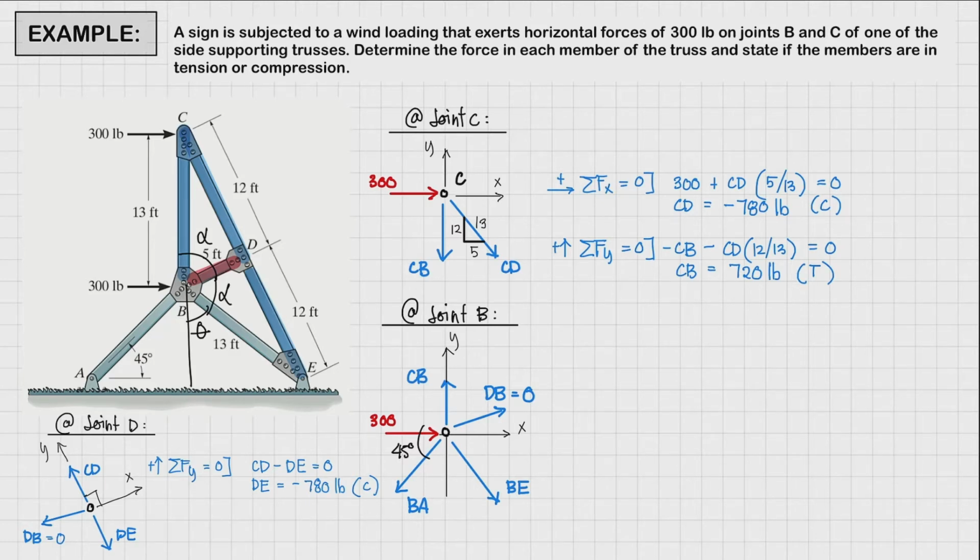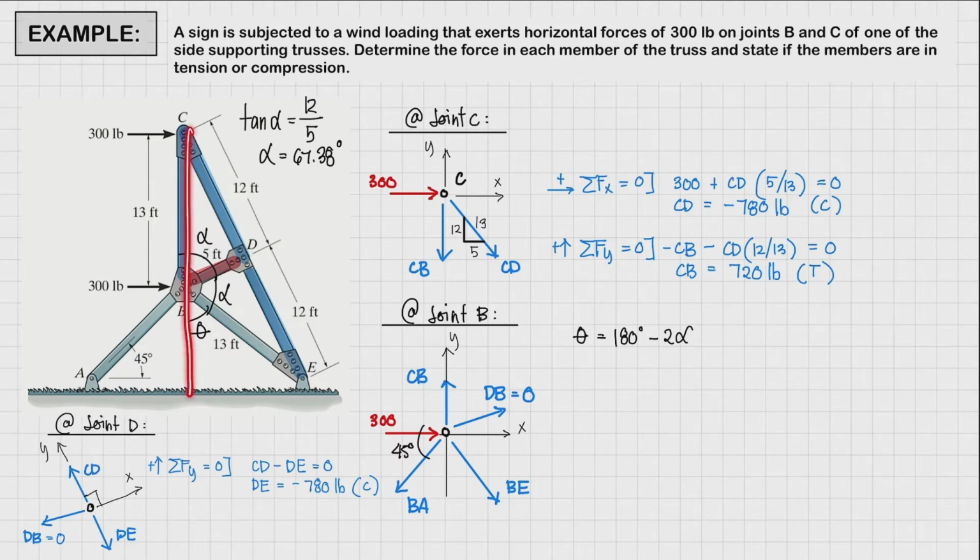So solving for angle alpha, it is just going to be tangent alpha is equal to opposite 12 over adjacent 5. And angle alpha is now going to be equal to 67.38 degrees. Now solving for angle theta, our angle theta is just going to be equal to 180 degrees minus twice angle alpha.